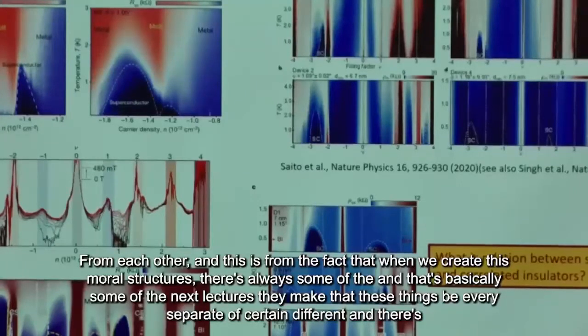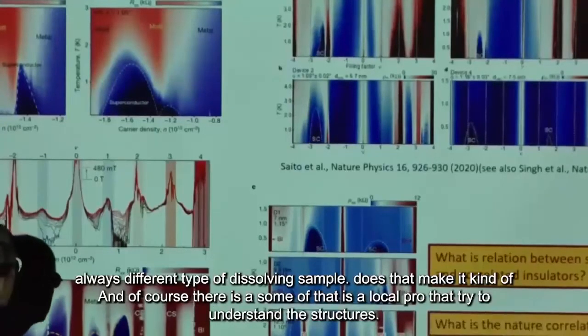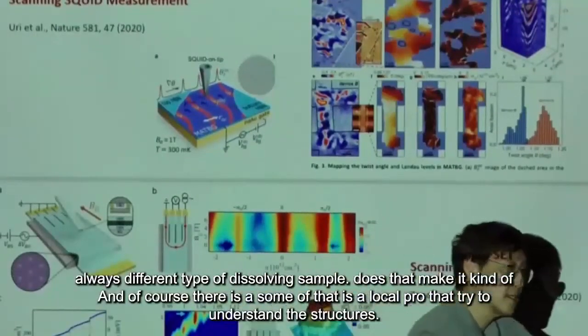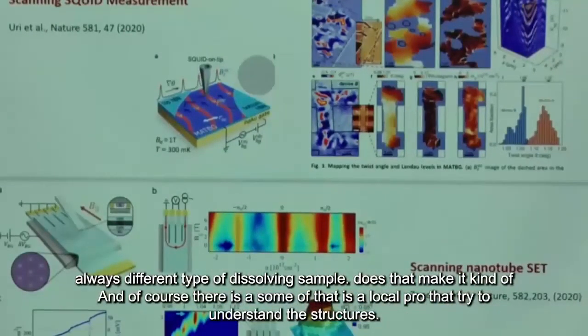Every sample looks a little bit different, and there's always a different type of disorder in the sample. That makes fair comparisons from sample to sample and condition to condition, or from one lab to another lab, difficult. And of course, there are local probes that try to understand the structures very locally.